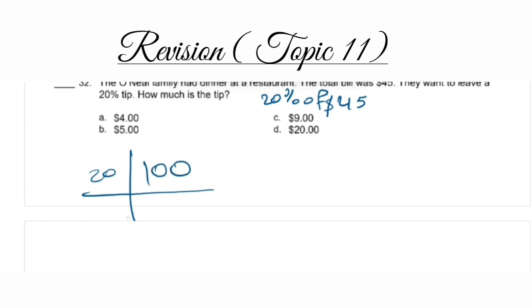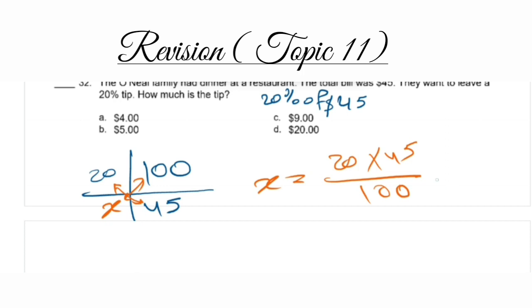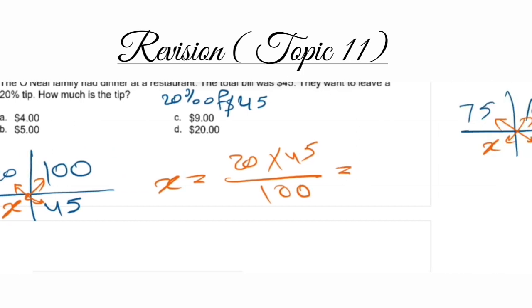Okay, let's do this. 20, 100, the total here 45, and we have here x. So x is equal to, cross multiplication, 20 multiplied by 45 over 100. And now remove the 0 and divide 20 by 2, it will be 1.